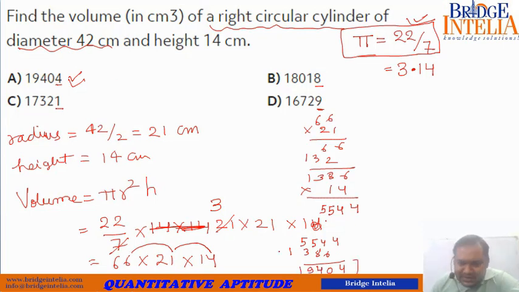So you see, if you actually solve it, it takes a lot of time, but if you always look for eliminating the options, then many times things are really easy.